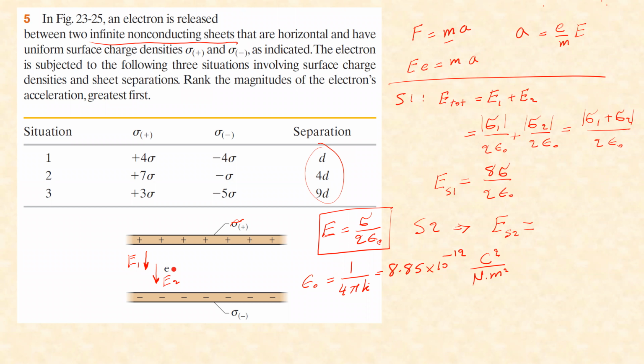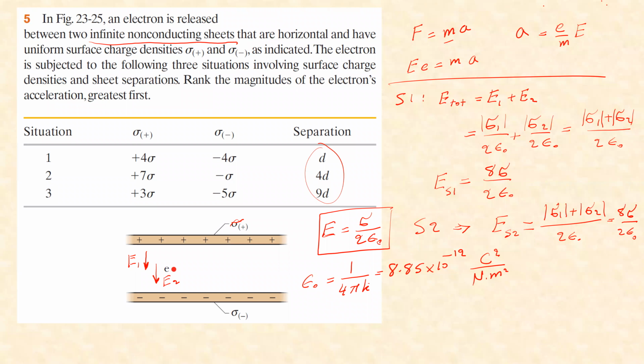All right. And then the electric field in situation 2 is also the absolute value of sigma 1 plus the absolute value of sigma 2. Actually, this should be the absolute value of each one together, divided by 2 epsilon naught. Again it becomes 8 sigma over 2 epsilon naught.